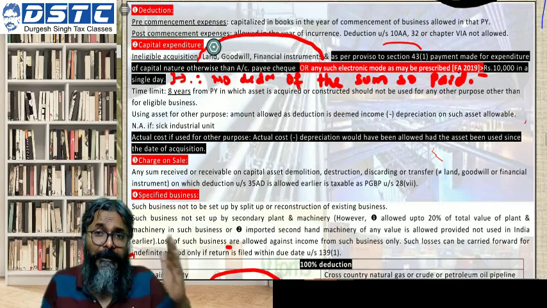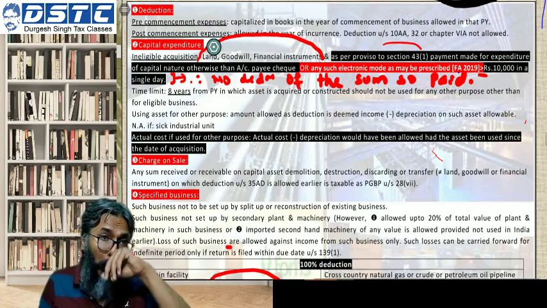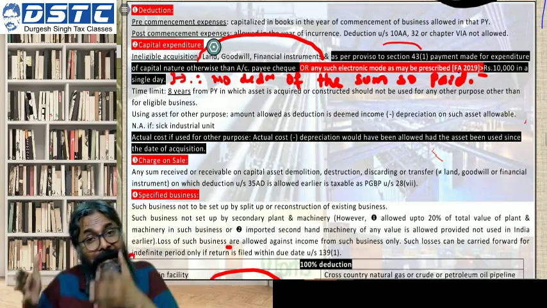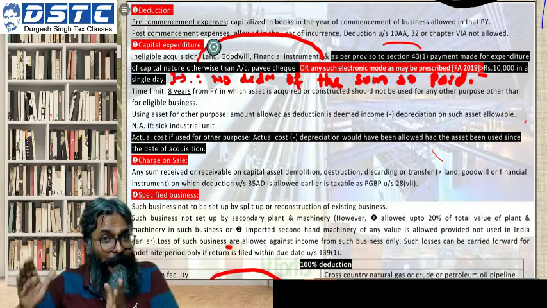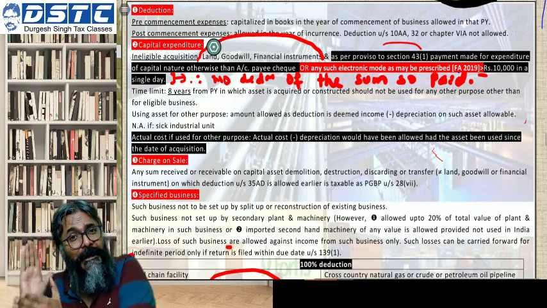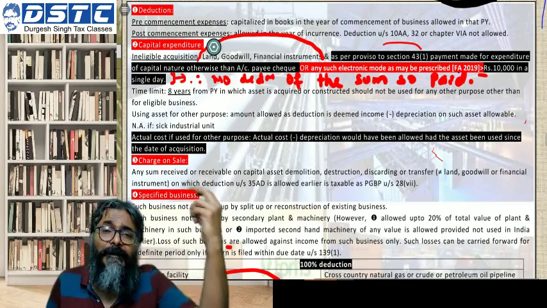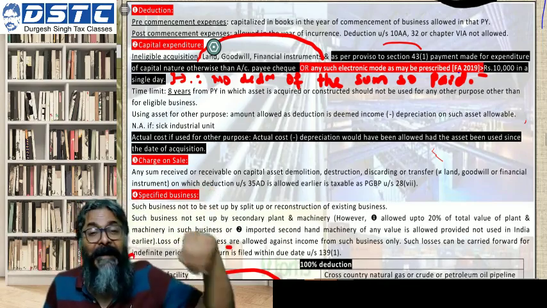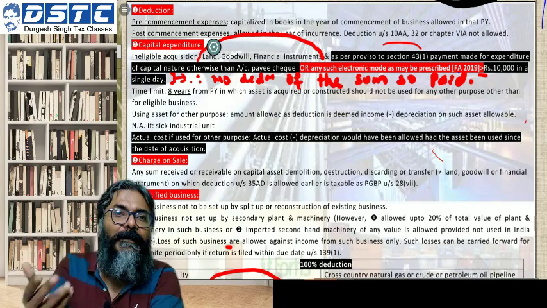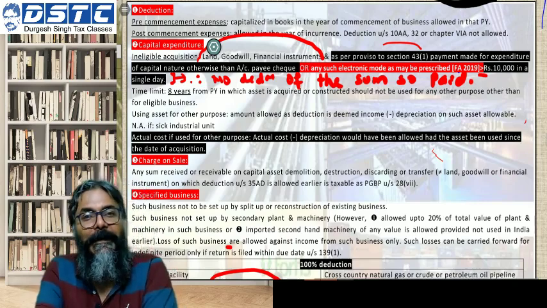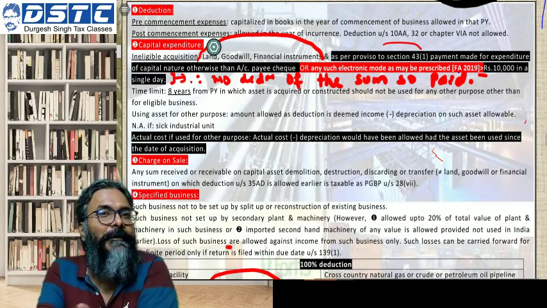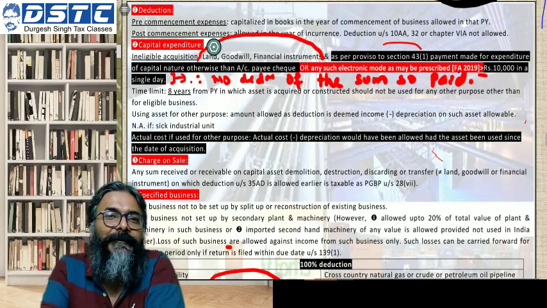And thereafter, say maybe after 2 years, I have shifted that particular plant on which I have already taken the deduction under section 35AD. Where did I shift that particular plant? Say in my manufacturing division. I, as a company, am engaged in a manufacturing business, and also I've got a hotel.